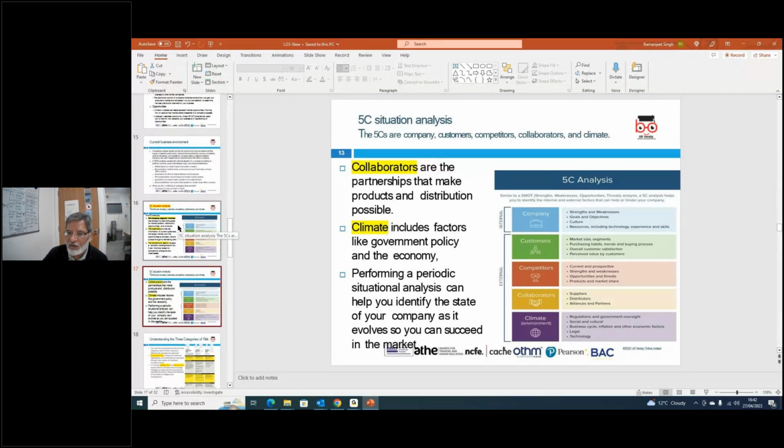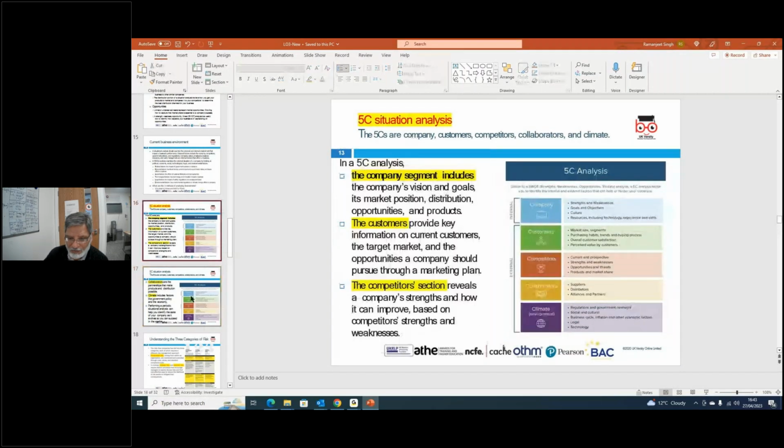And the last one is the collaborators. Are you collaborating with other suppliers? Or do you enter different types of collaborations, like the airlines do code sharing, for example? To what extent are you going to use your products and distribution channels to the best of the company's ability?